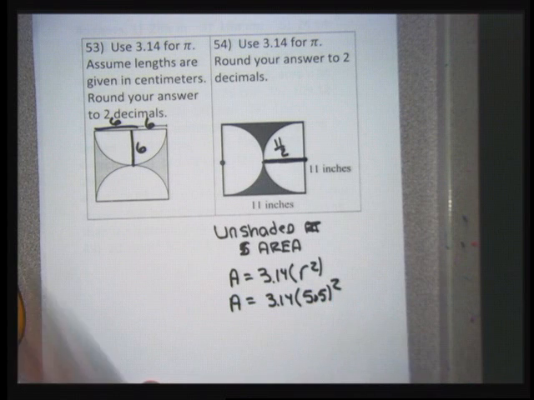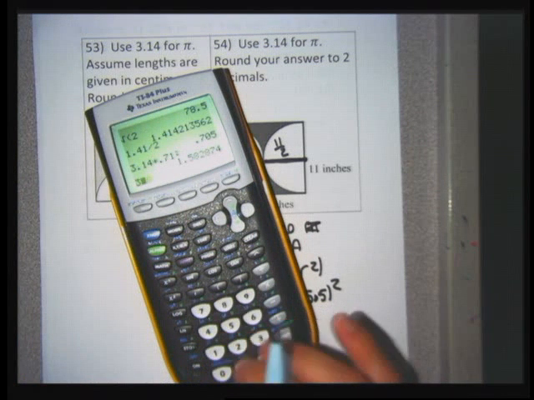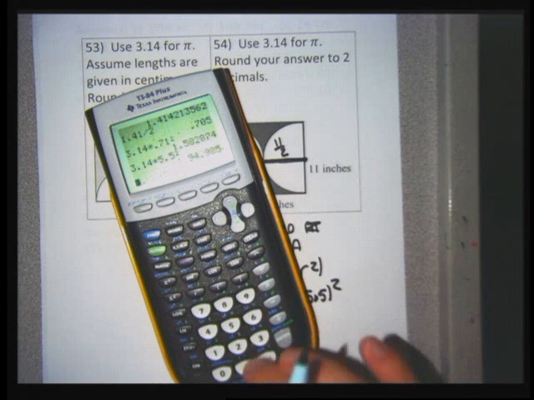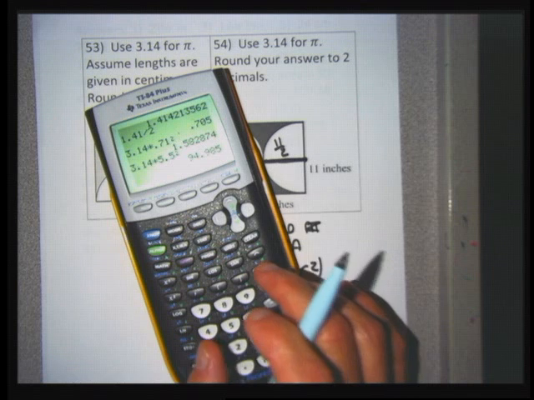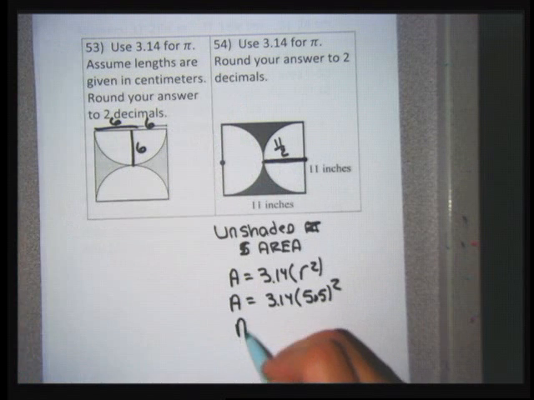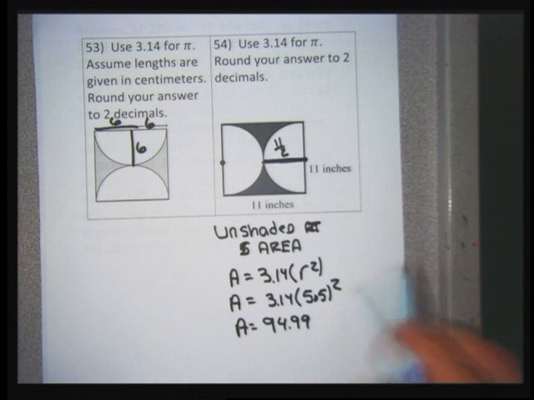I'll put the units in at the end. So if I do 3.14 times 5.5 squared, the unshaded area is 94.99. I'll round it to 99 because it says round to 2 decimals. So my unshaded area is going to be 94.99, and then my units are inches squared.